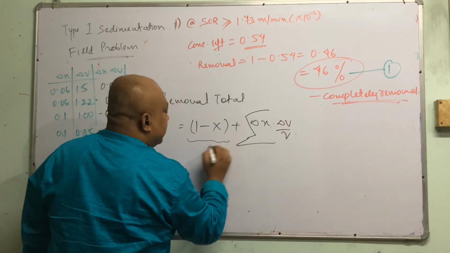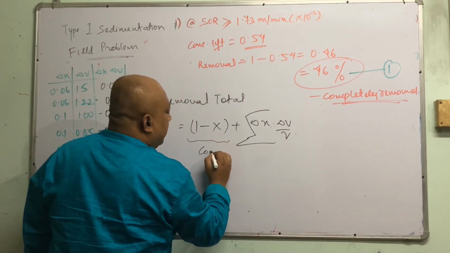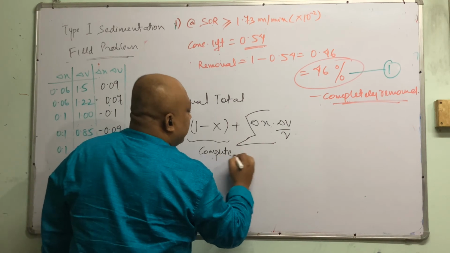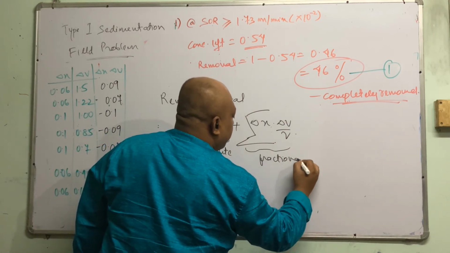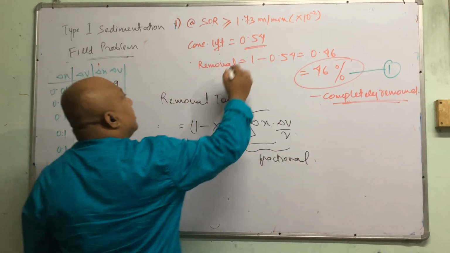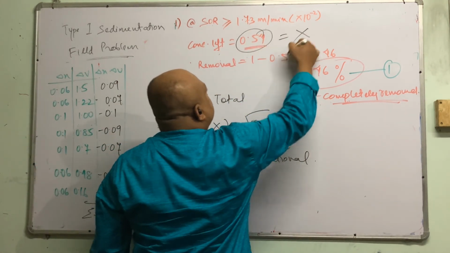This part is the complete removal, and this part is the fractional removal. What is x? This is x.